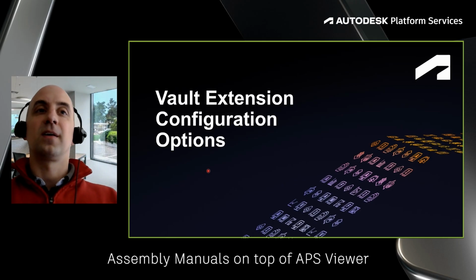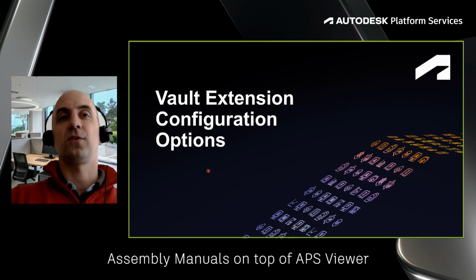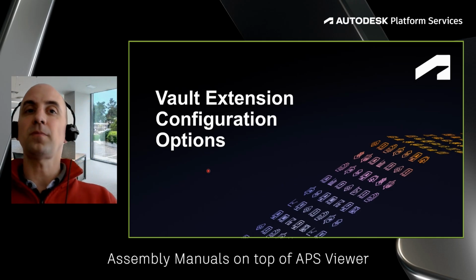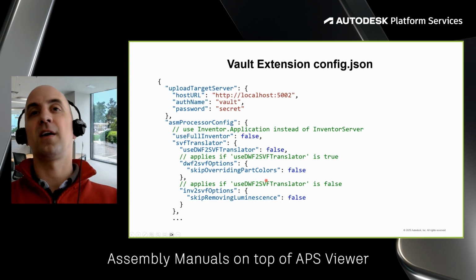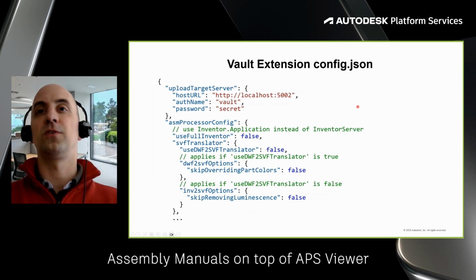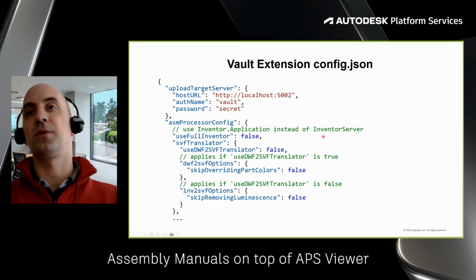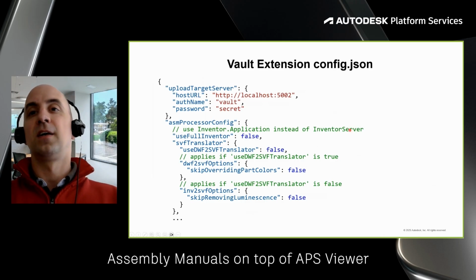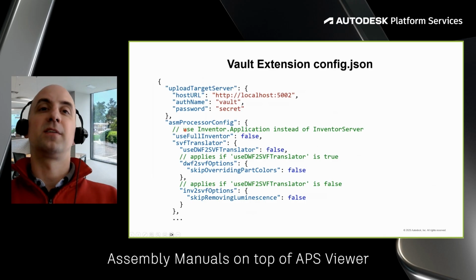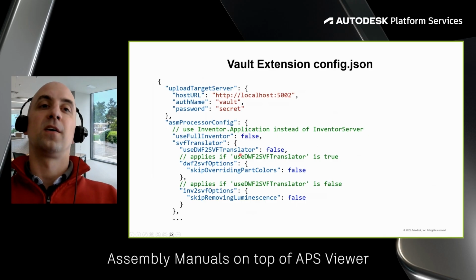All right, let's mention some more of the configuration options of the Vault extension. I've talked about some of these that you can see here on this slide. So we use JSON for the configuration. And some say that JSON isn't a very great fit for configuration as you cannot have comments, but the .NET parser has no problem with comments.